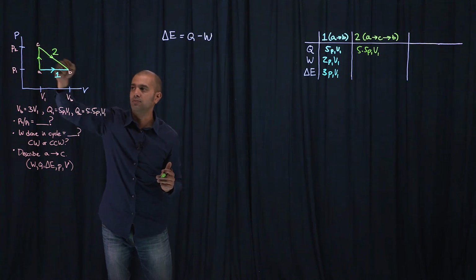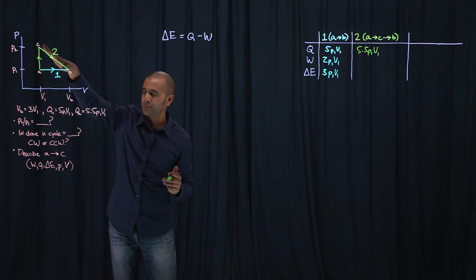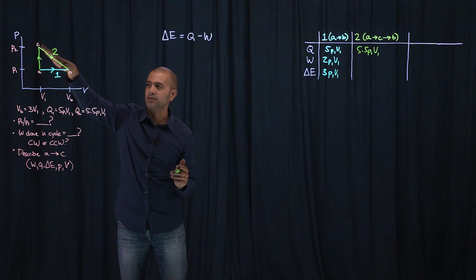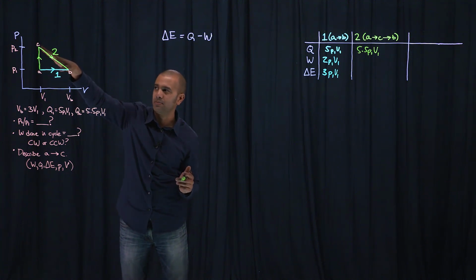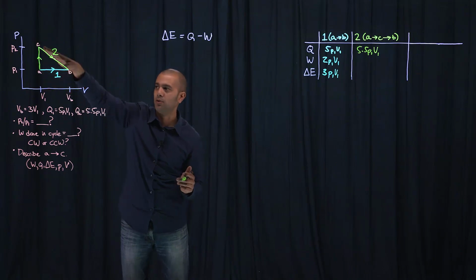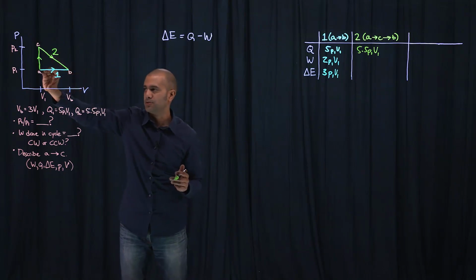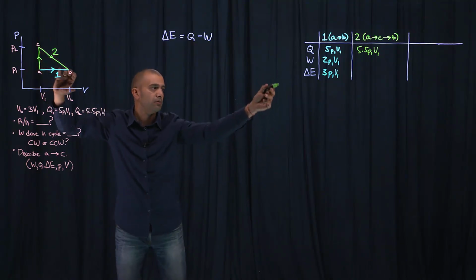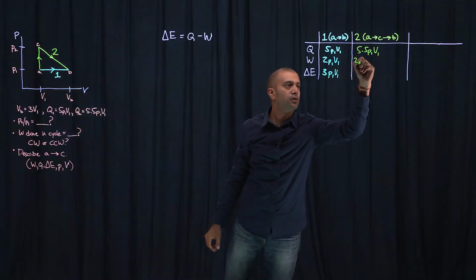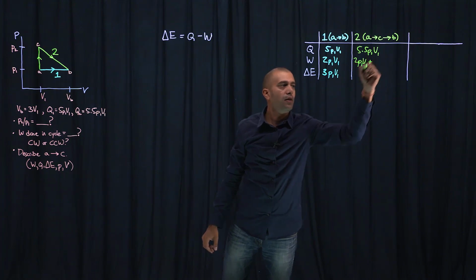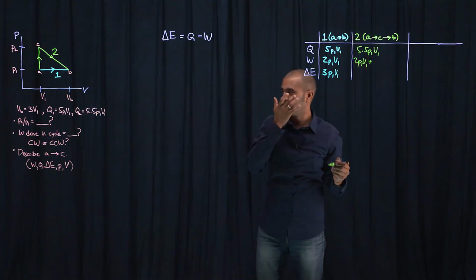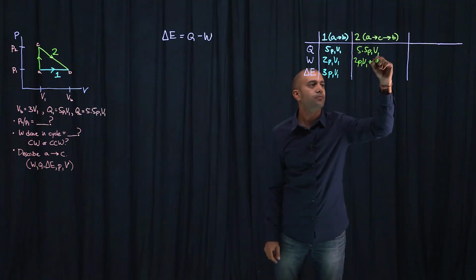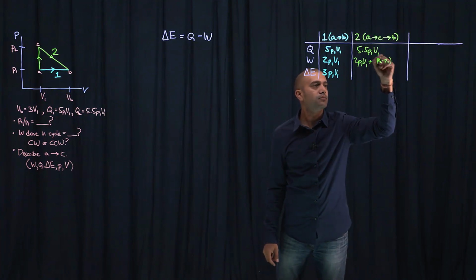The work along C to B is the integral beneath that diagonal line, which is the entire area between that line and the x-axis, so that whole trapezoid. That's the sum of the rectangle and the triangle. The rectangle area we found a moment ago is just 2P1 V1. And then the triangle is just the width times the height divided by 2, which gives you this quantity.